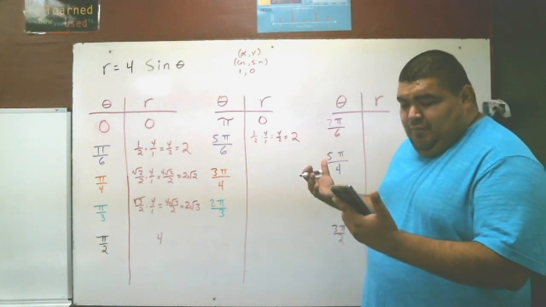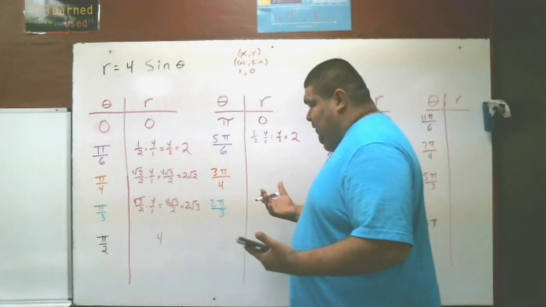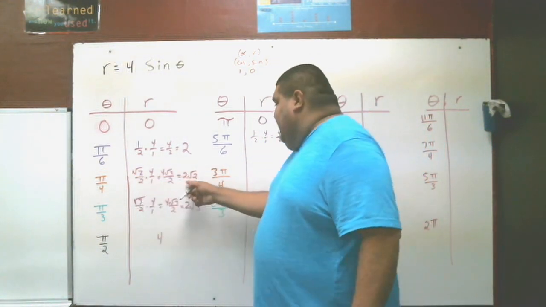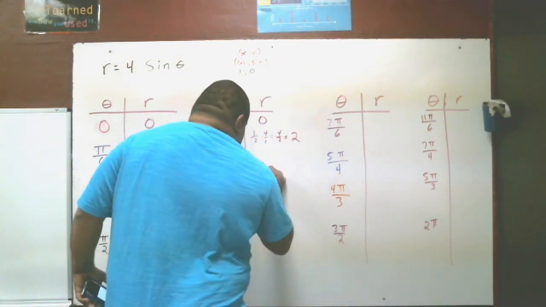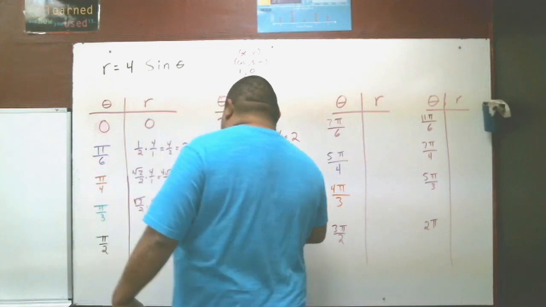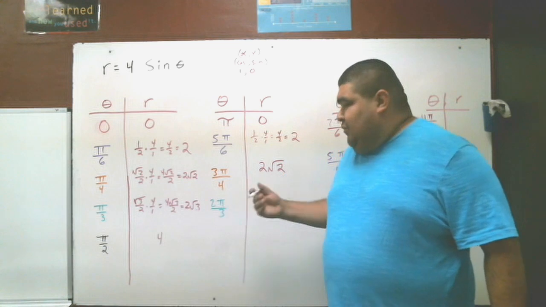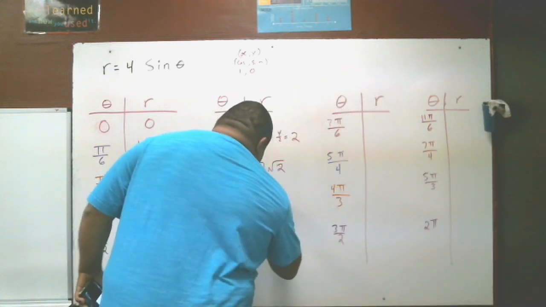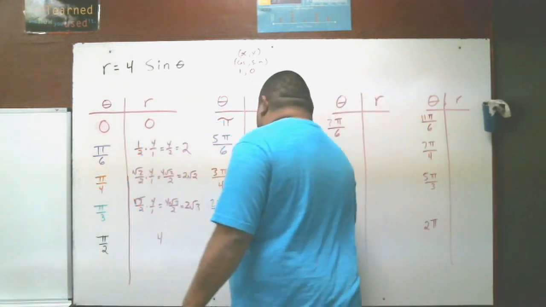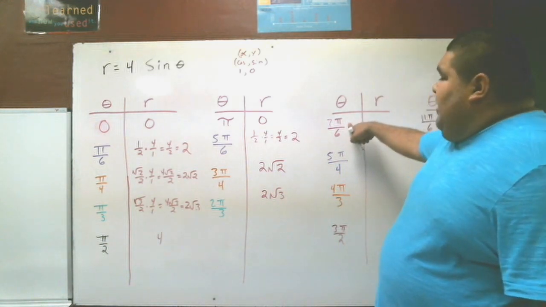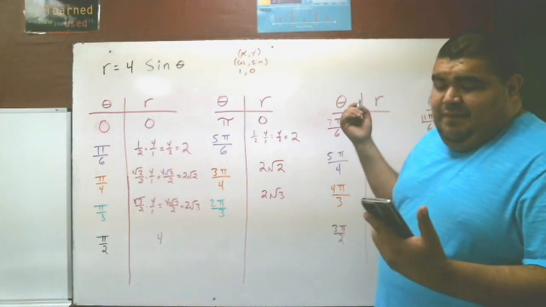3 pi over 4. Again, 3 pi over 4 is radical of 2 over 2. So radical of 2 over 2, technically we already have it. So technically our answer is 2 radical of 2. For 2 pi over 3, again, we already have it, 2 radical of 3. 7 pi over 6. Again, 7 pi over 6.